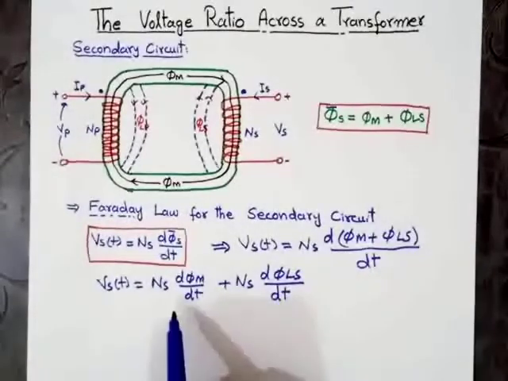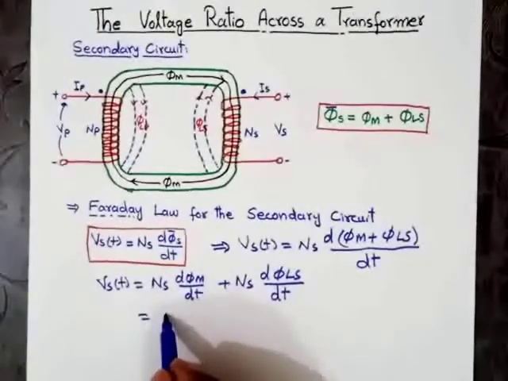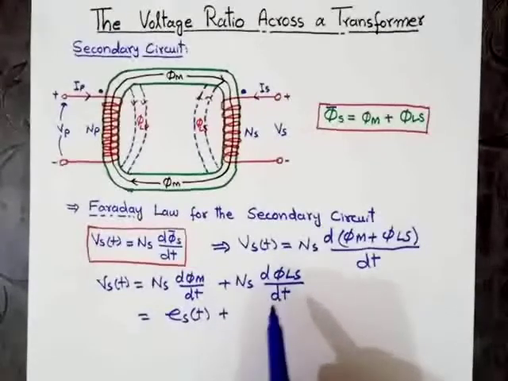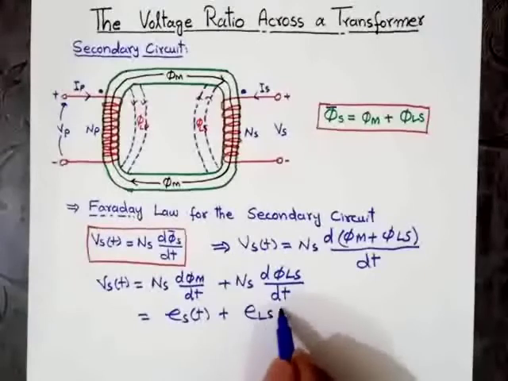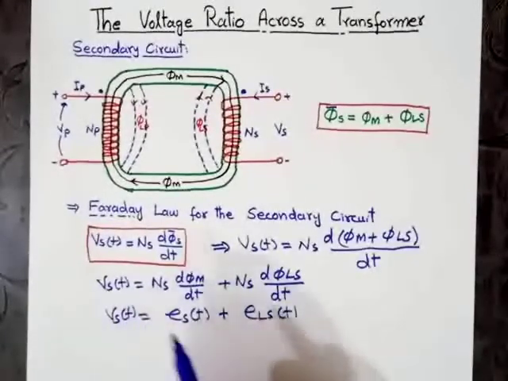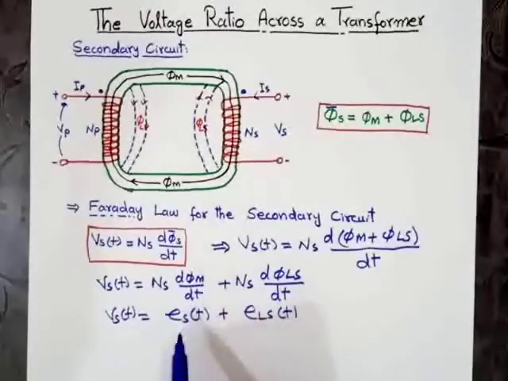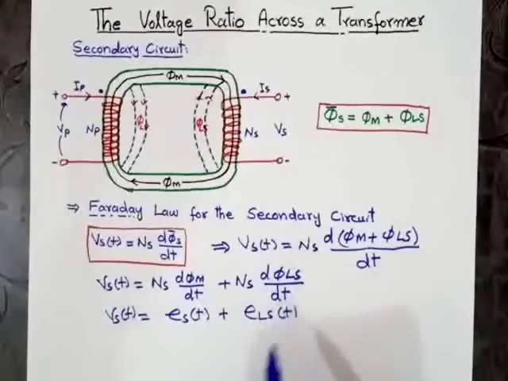The voltage due to mutual flux is called Est, plus the voltage due to leakage flux, which is called Elst. This will be the total voltage.